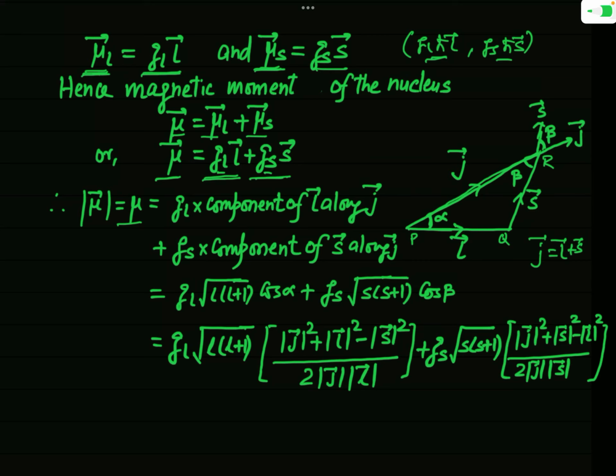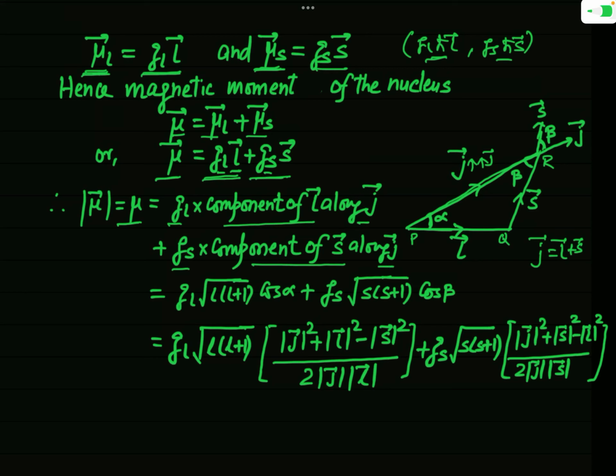You have to take the component of this vector L along mu, and mu is parallel to J. You have seen earlier, mu is parallel to J. So the magnitude of mu can be found in this manner: GL times the component of L along J plus GS times the component of S along J.